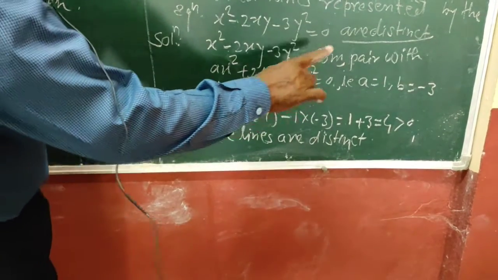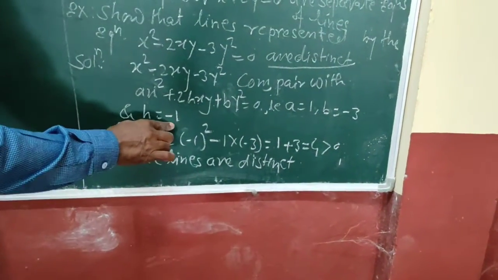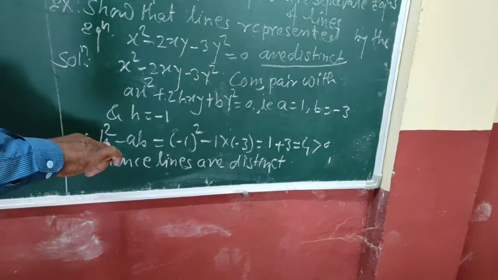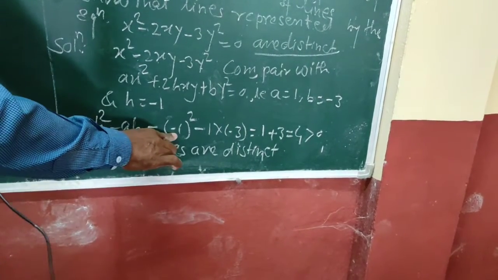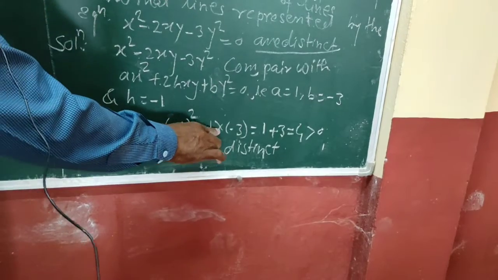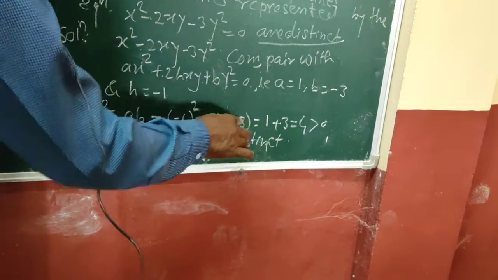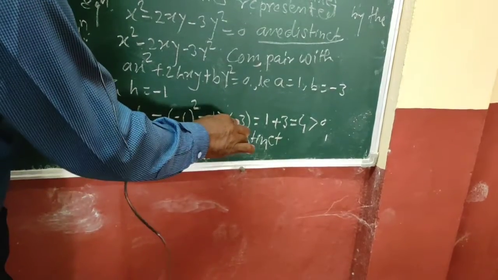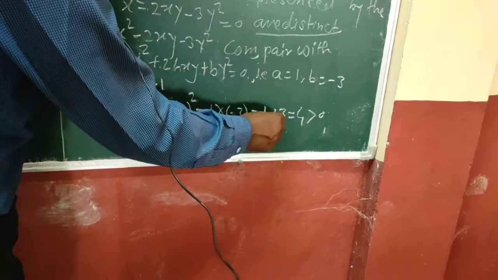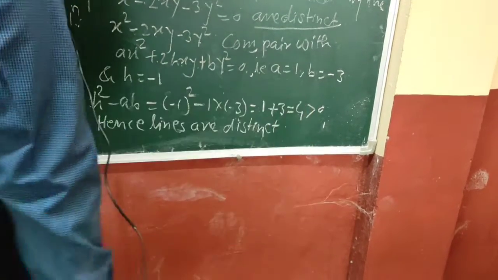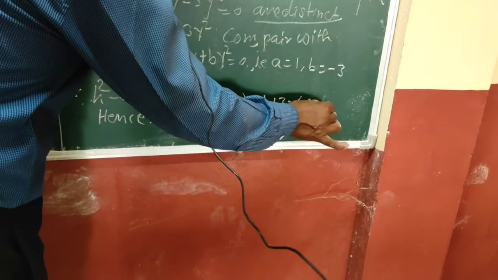So we have got the values of a, b and h, and we apply the condition h square minus ab, which is minus 1 whole square minus a, which is 1, times b, which is minus 3. So minus 1 square is 1, plus minus 1 into minus 3 is plus 3, that is 1 plus 3 is 4, and this gives us 4 is greater than 0.